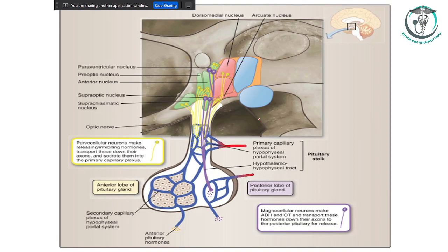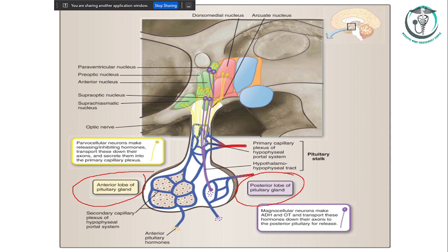Now, this other diagram shows you the connection between the hypothalamus and the pituitary gland. There are nerves coming from these nuclei going to the pituitary gland. I need to mention that the pituitary gland is divided into two. I'll talk about it later, but there is an anterior pituitary gland, which is this one here, and then the posterior pituitary gland, which is this one here.